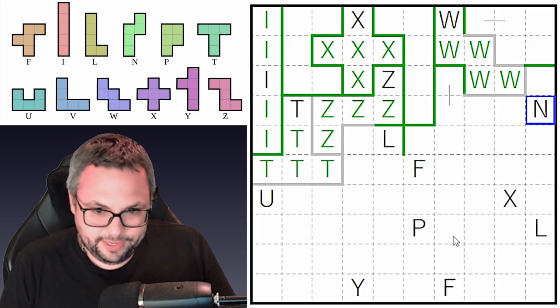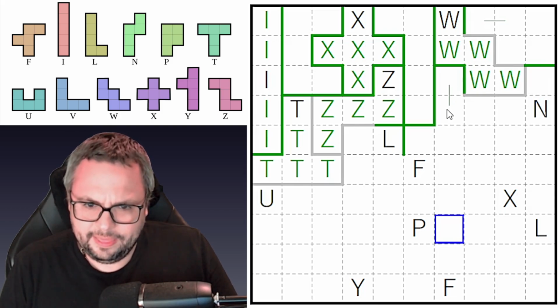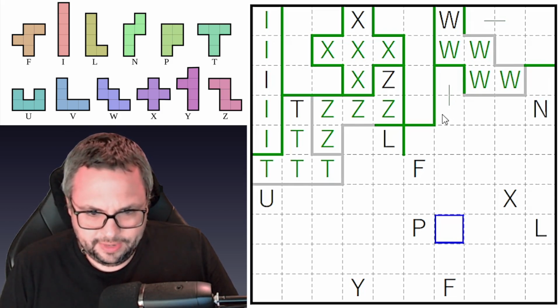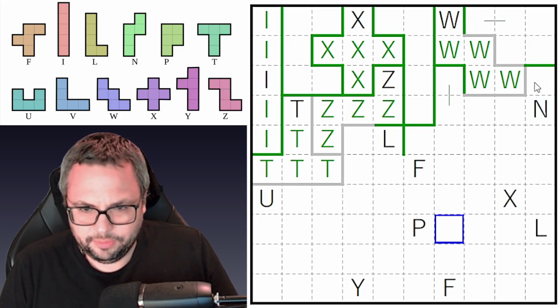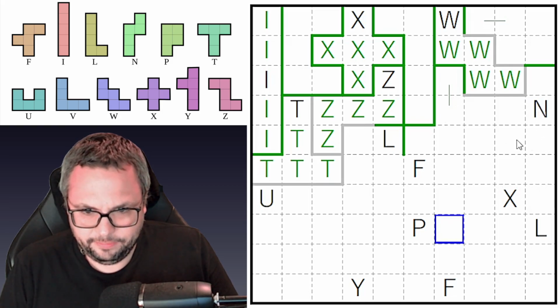And these 2 join like that, because this has to grow and it has no real choice beyond that. So my N, I guess, is either going to look like that, which doesn't look great, or it's going to look like that.